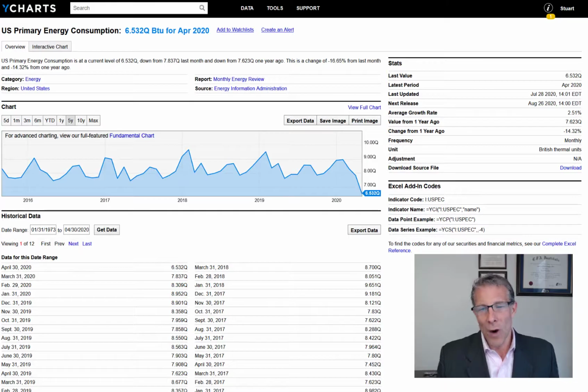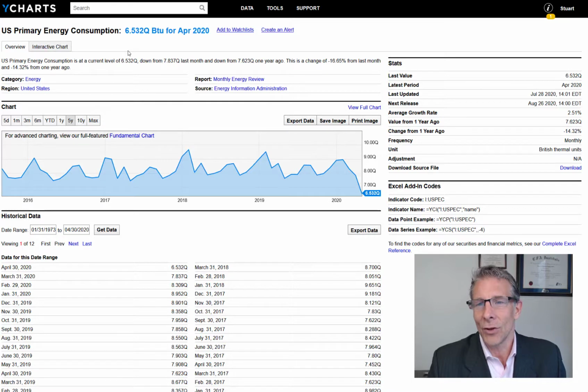And now let's talk about U.S. energy consumption, which is an indicator of how much manufacturing is going on, how much productivity is happening in the economy. So right now, here I have a 5-year chart of the U.S. primary energy consumption, and this is 5.2 quadrillion BTUs for April.